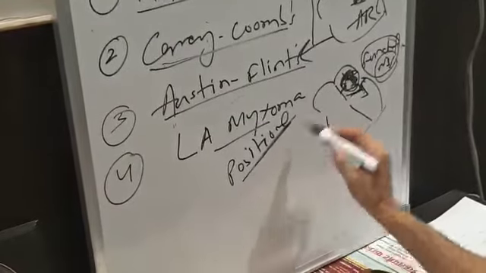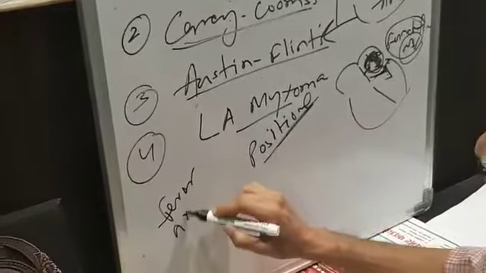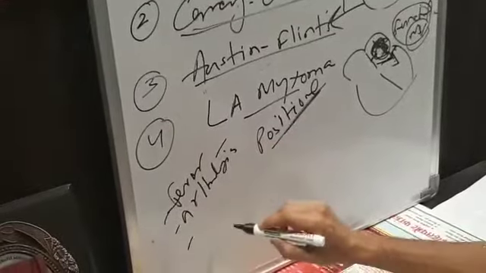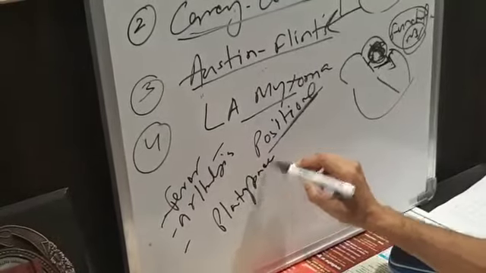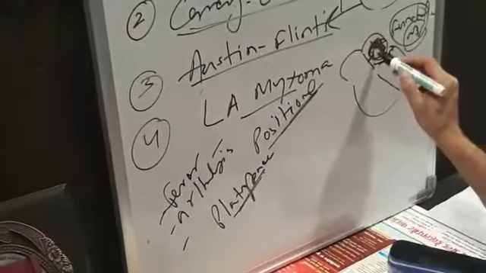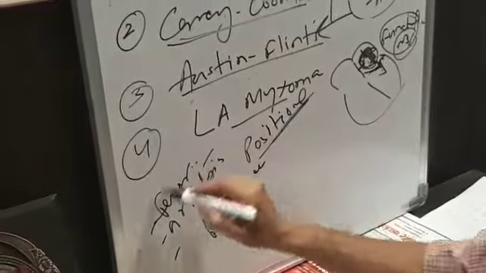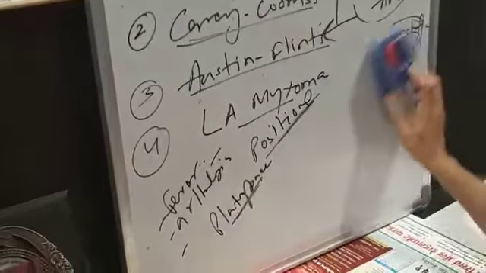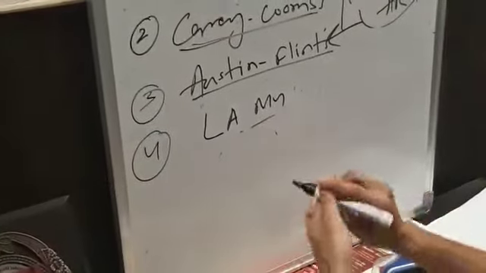Secondly, there are constitutional symptoms like fever and arthralgia as associated features, and platypnea. Platypnea can be a complaint in LA myxoma, and these are the associated features. So this is another condition where you get a mid diastolic murmur at apex. So LA myxoma.